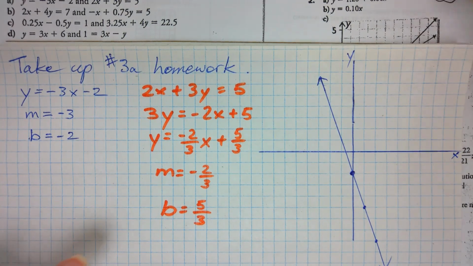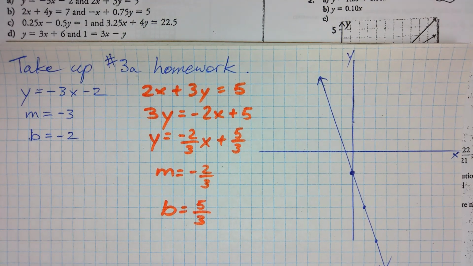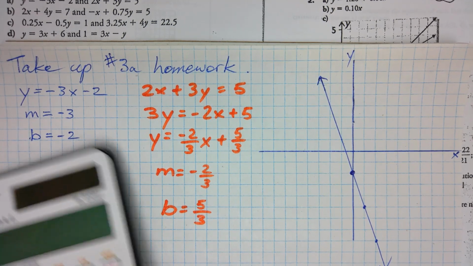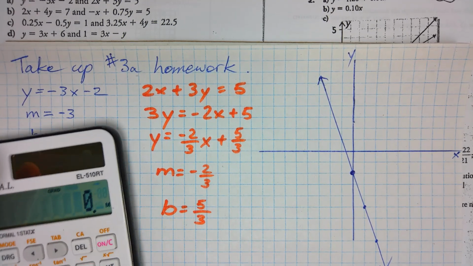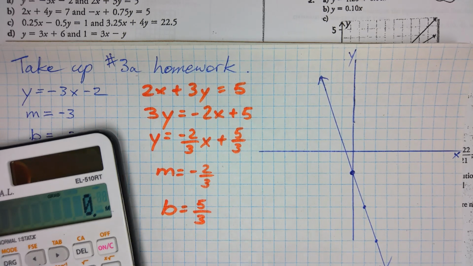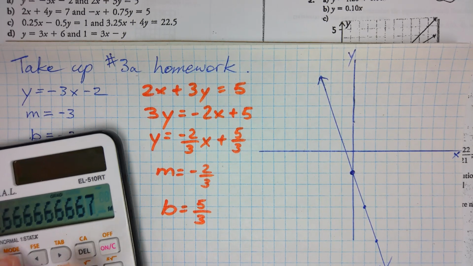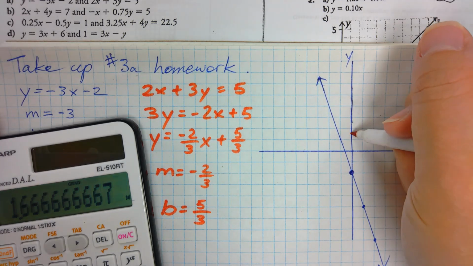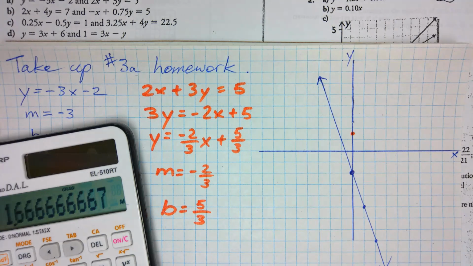Okay. Second line, 5 over 3. So that's why I say graphing is not the most accurate method, but for grade 9, we'll base it off the graph. So 5 divided by 3 is about 1.6. So 1.6 right here. Okay.